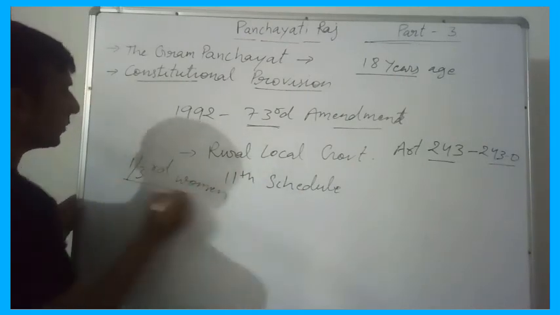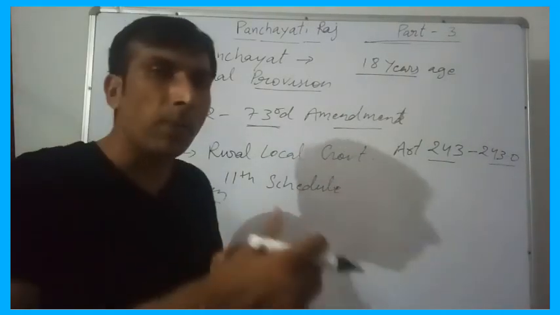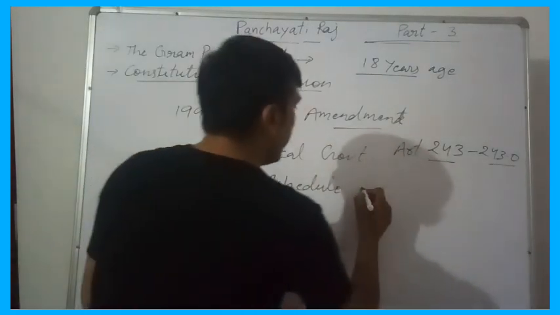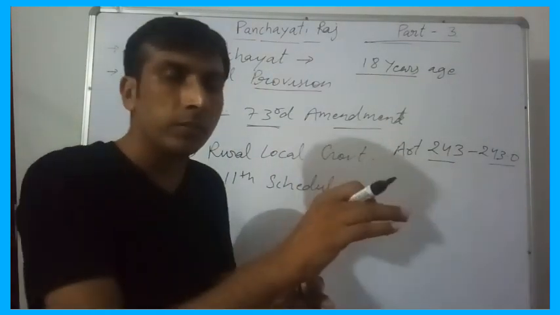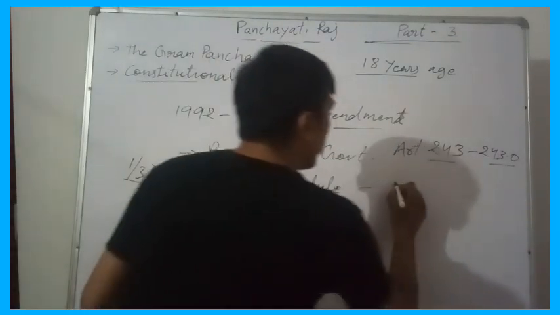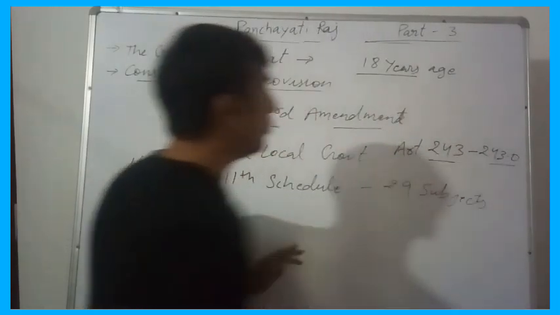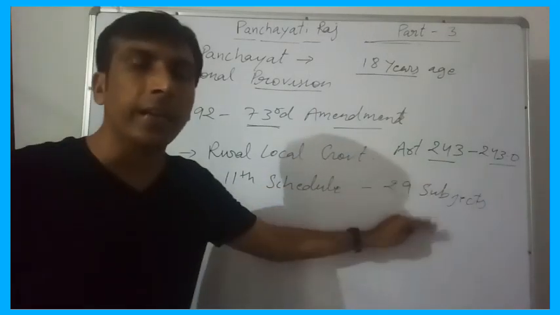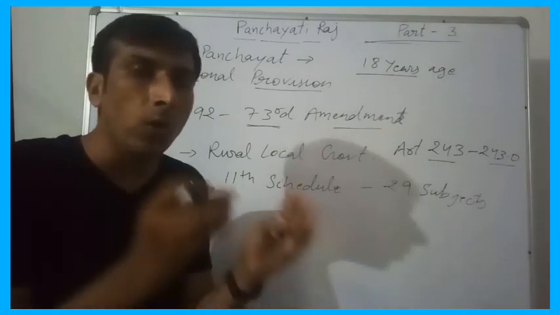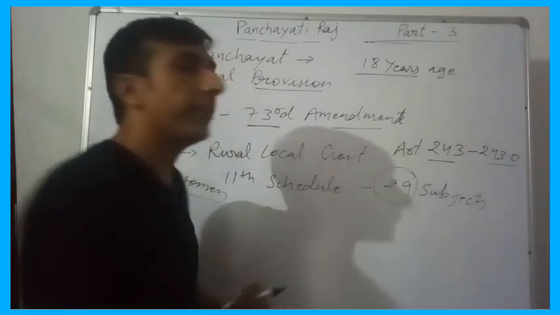According to this amendment act, some powers were given to the local governments, approximately from the state list. The subjects were taken from the state list and given to the gram panchayats, a total of 29 subjects. Total 29 subjects means 29 fields were provided to the gram panchayat to work. Under the jurisdiction of gram panchayat, total subjects were 29.